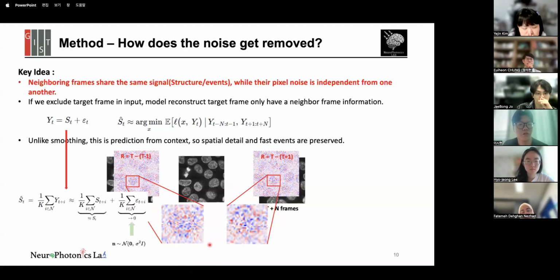And then we average k neighbors like this. So the signal remains, but independent noise goes to zero in expectation.